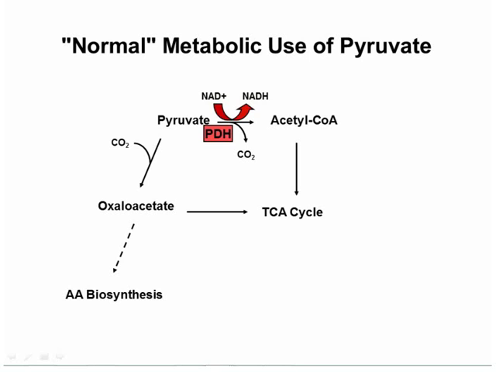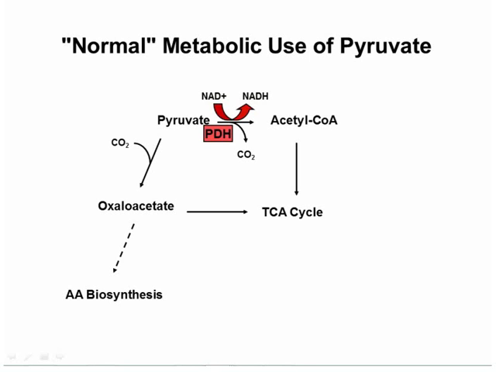So you start off with acetyl coenzyme A, oxaloacetate, they give you citric acid, isocitric acid, alpha ketoglutaric acid, succinate, fumarate, malate, and then this turns around to oxaloacetate again.